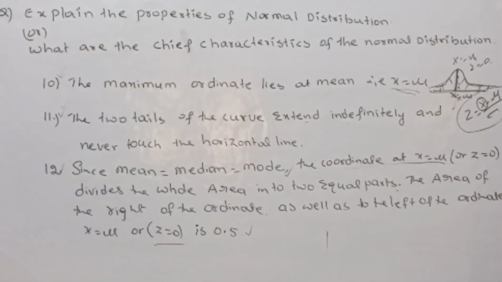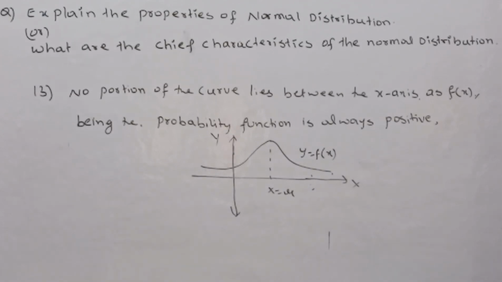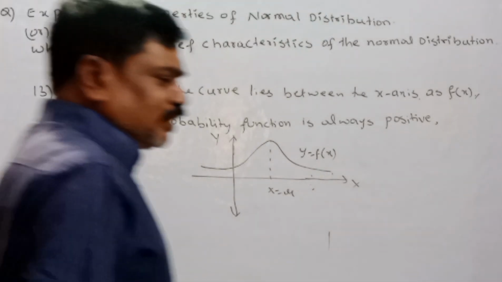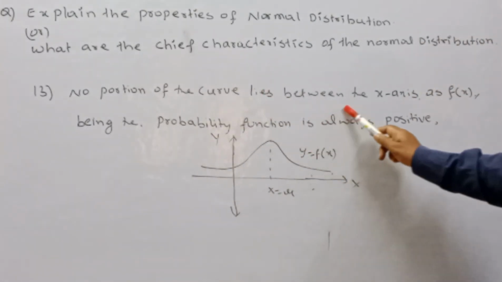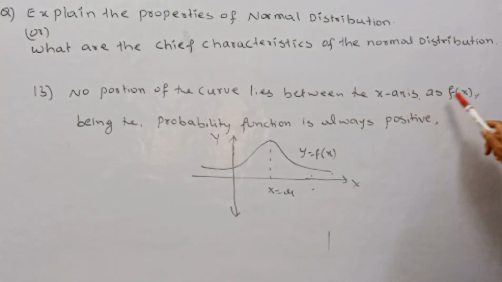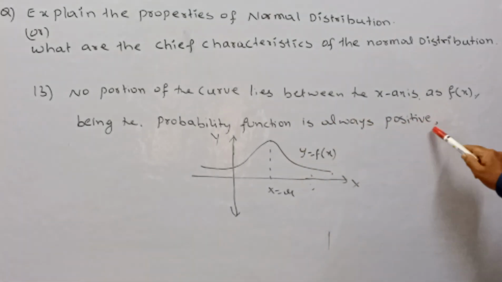And next, one more. Here is the 13th property of the normal distribution. No portion of the curve lies below the x-axis, as f of x, being a probability function, is always positive.